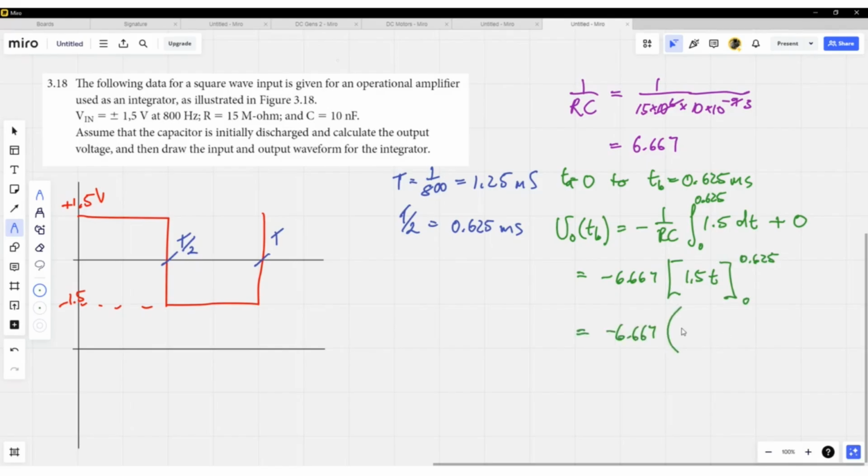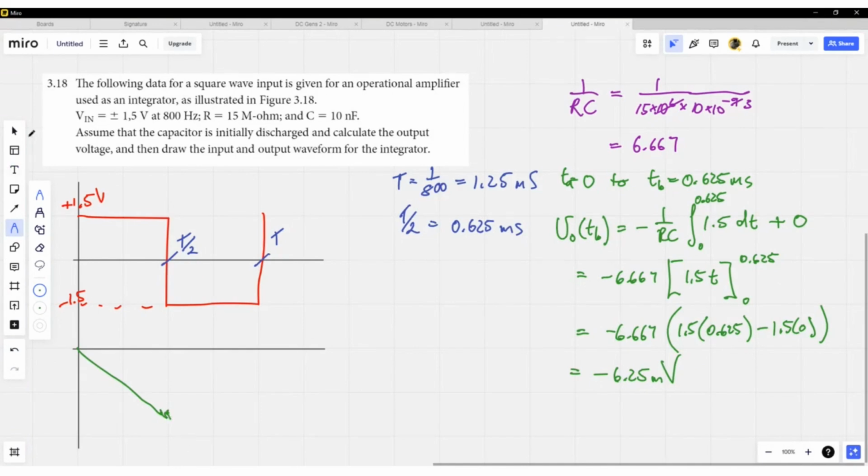That's 1.5 times 0.625 minus 1.5 times 0. That's going to give you negative 6.25 millivolts. I'm just going to randomly select it there, and that's not a curved line, but a straight line from there to there.